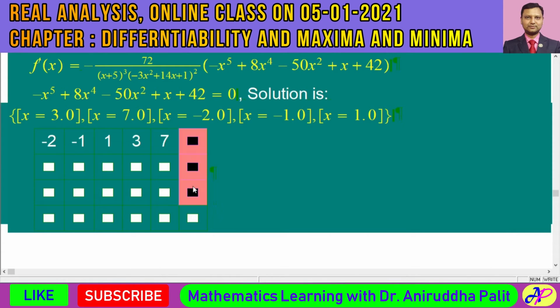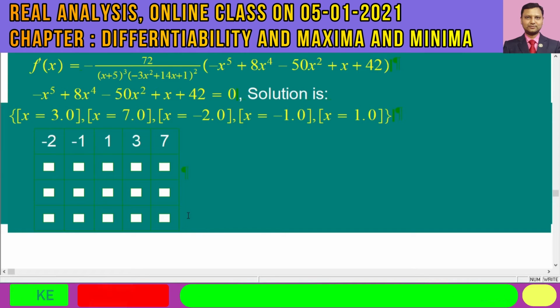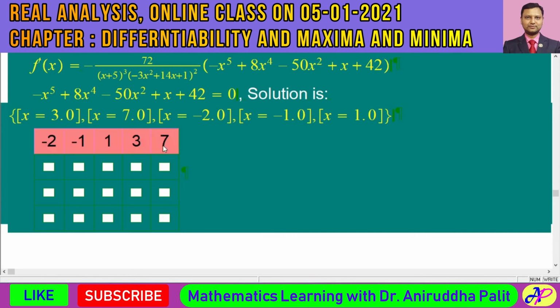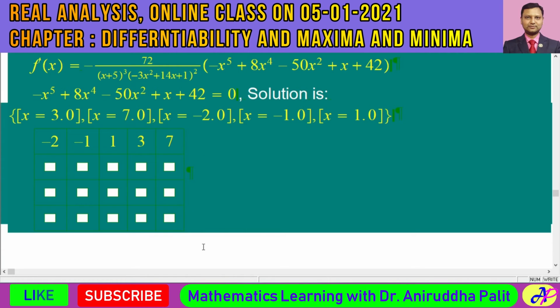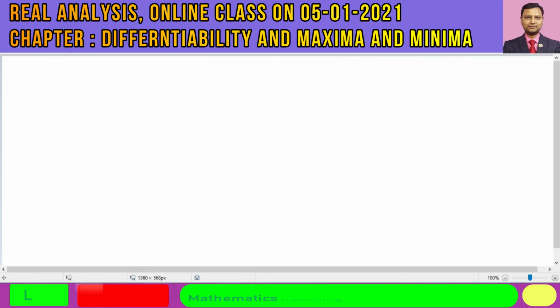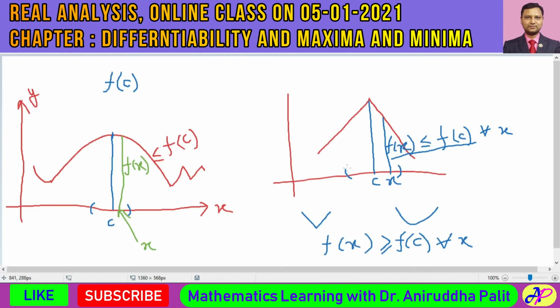We don't need the last one. Out of these five, we shall always try to look at the sign of the function. How? Let me show you the picture once again.